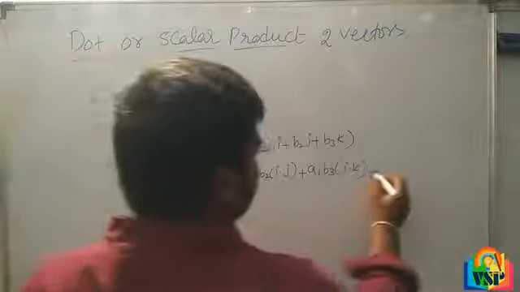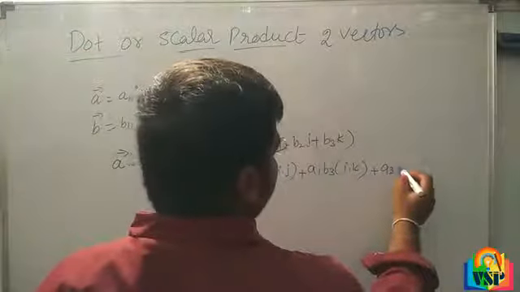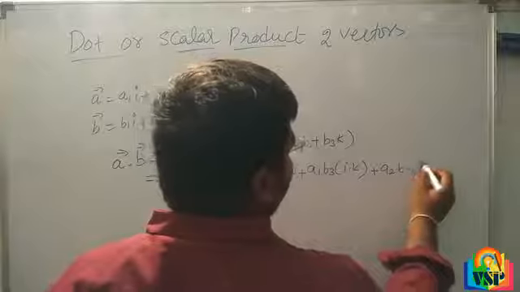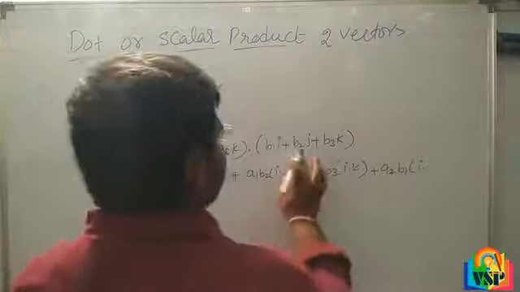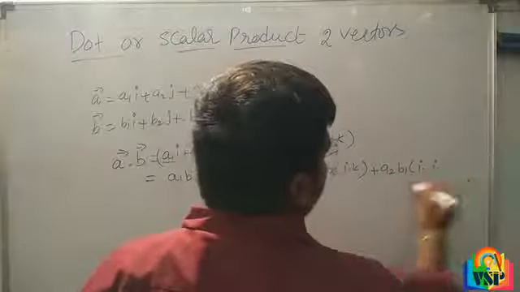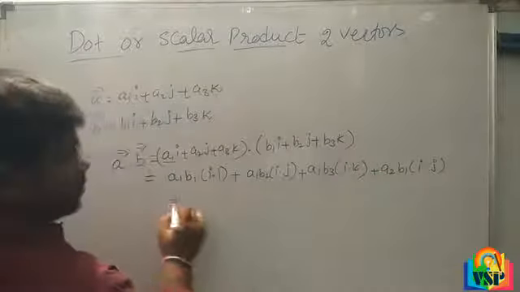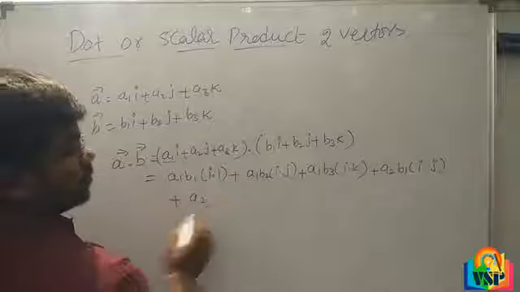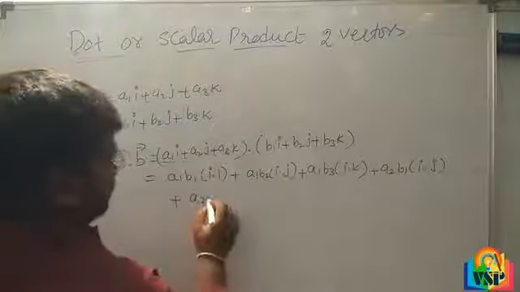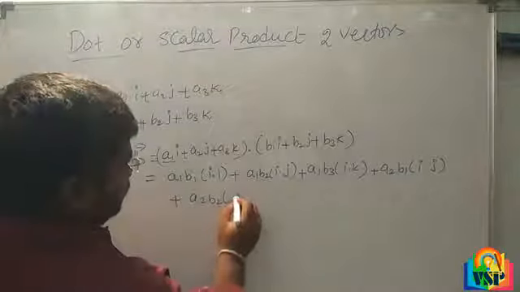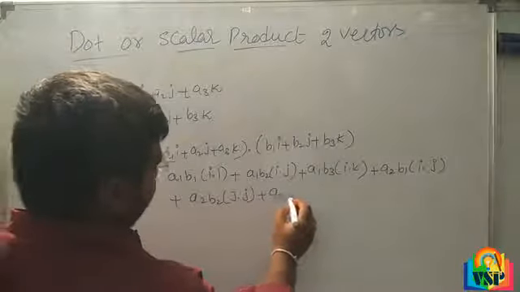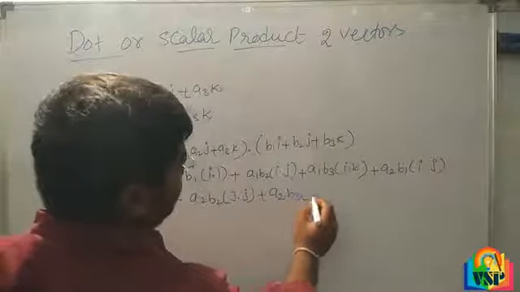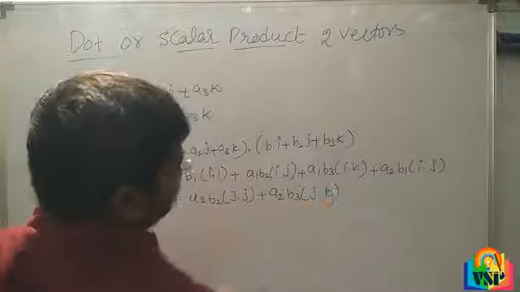Understand? Plus A2 B1 (i dot j), plus A2 B2 (j dot j), plus A2 B3 (j dot k).